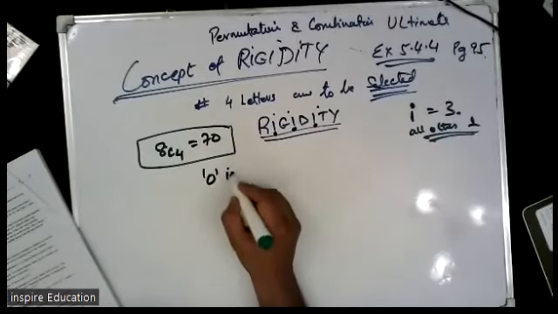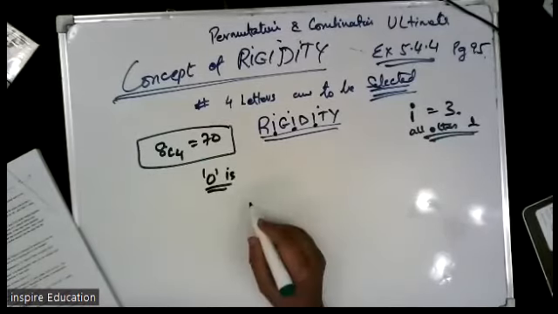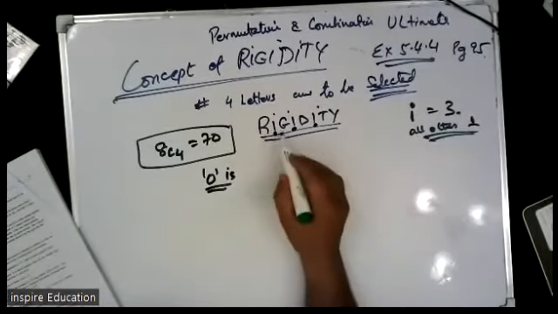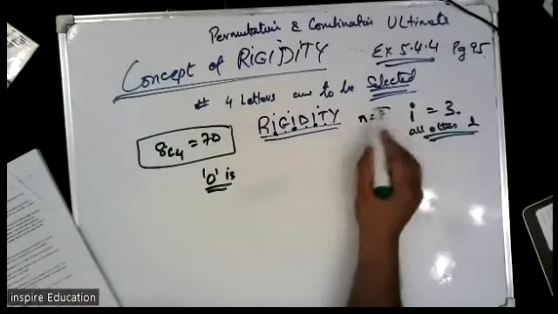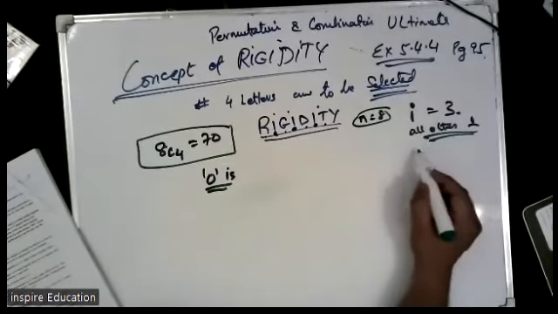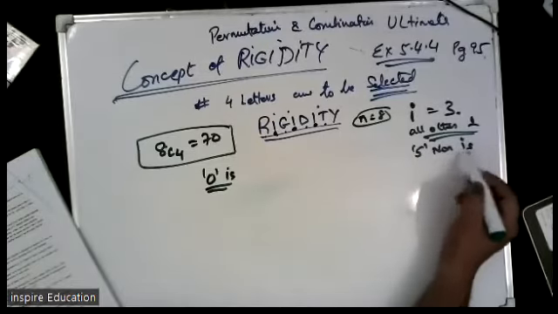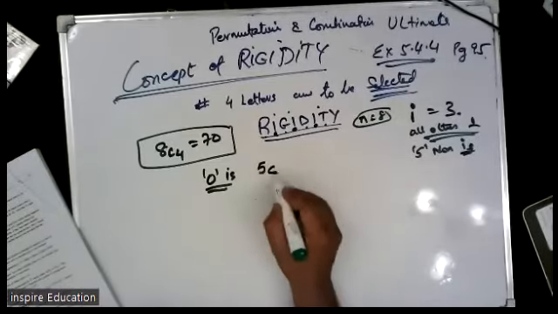0 eyes. 0 eyes means what? How many non-eyes do we have? 1, 2, 3, 4, 5, 6, 7, 8. N is equal to 8. 3 are eyes. So 5 are non-eyes. We select 5C4.